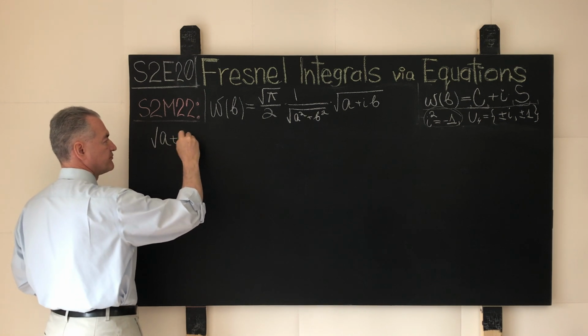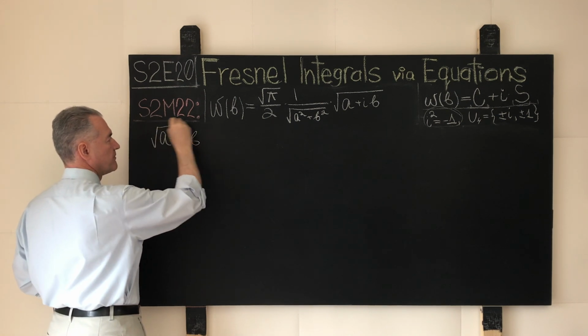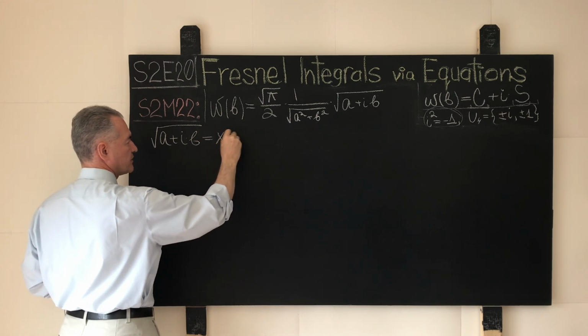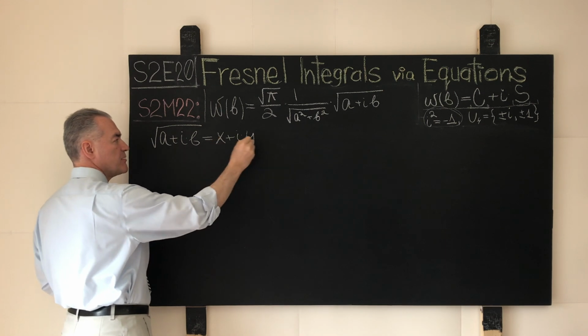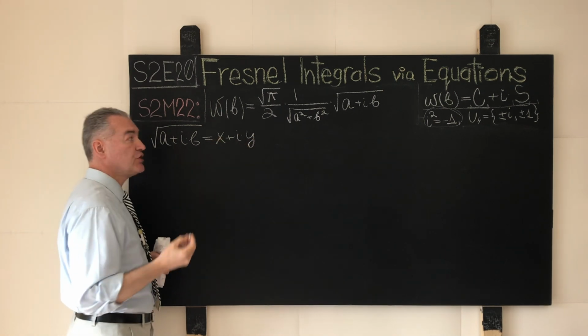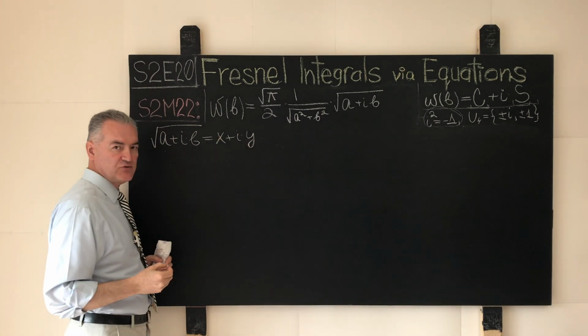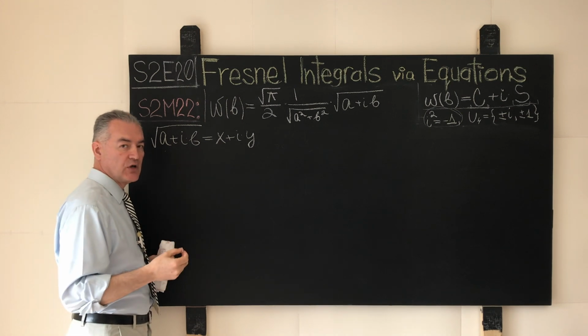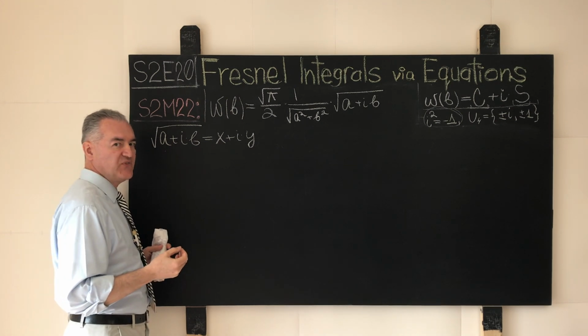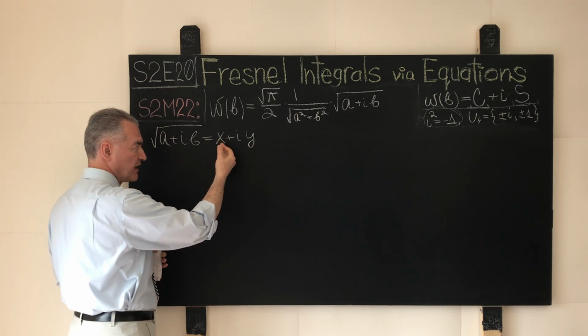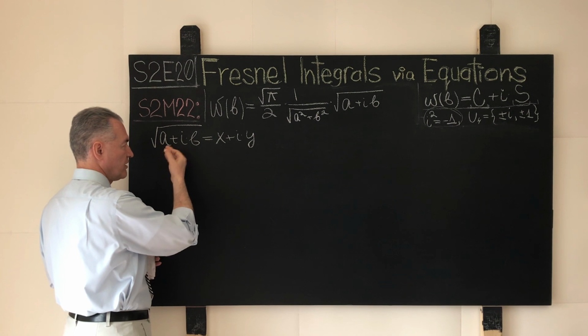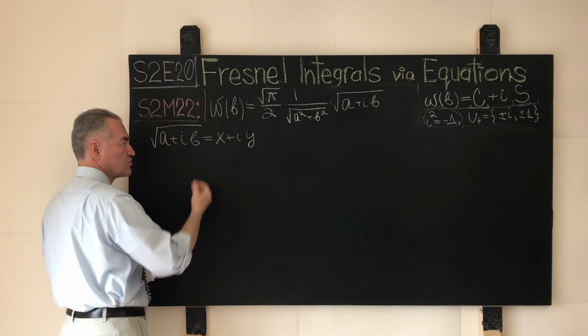a plus i times b is equal to x plus i y. And here the shape of x and y in terms of a and b is precisely to be recovered. Where from? Well, we search for the values of x and y in terms of a and b from that expression itself.